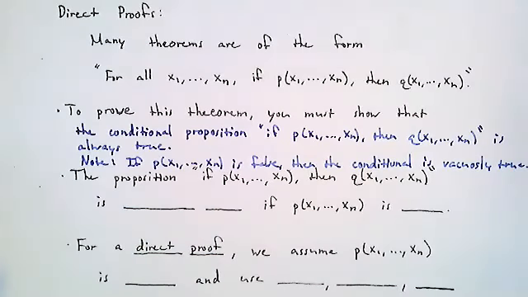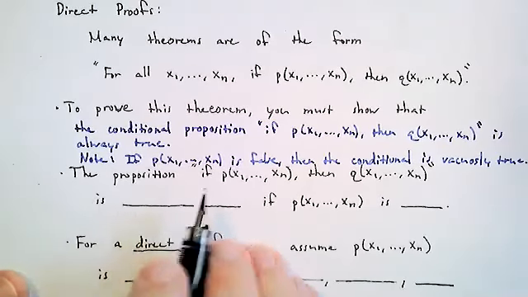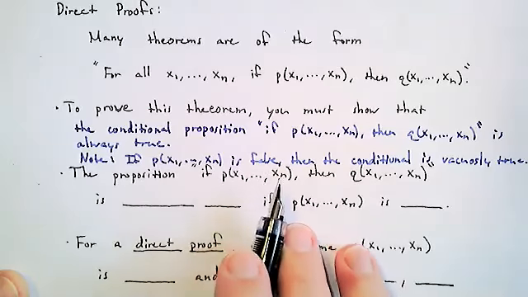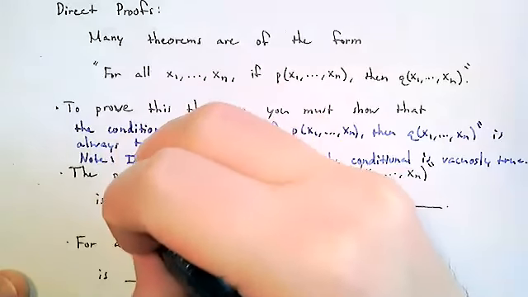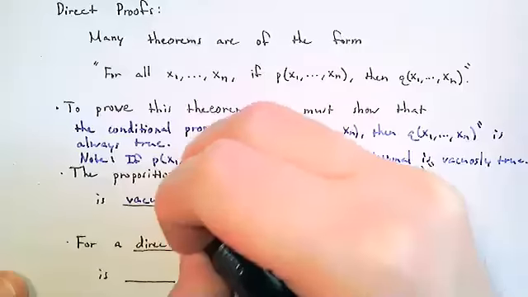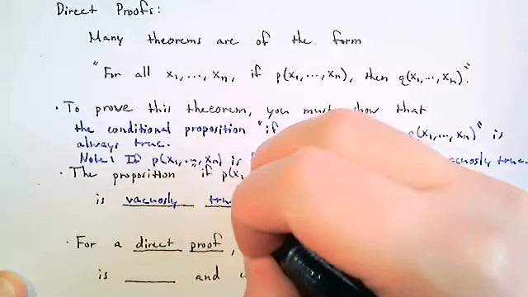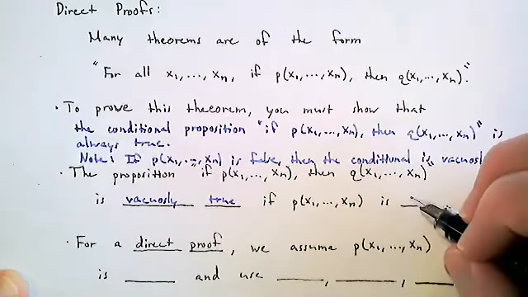The proposition, if P of x1 through xn, then Q of x1 through xn, is vacuously true if the hypothesis is false.